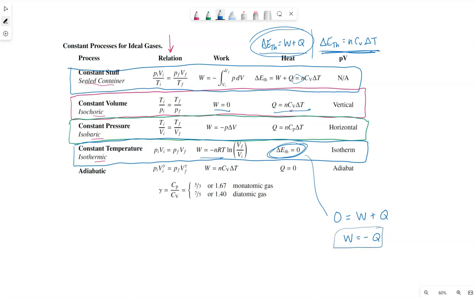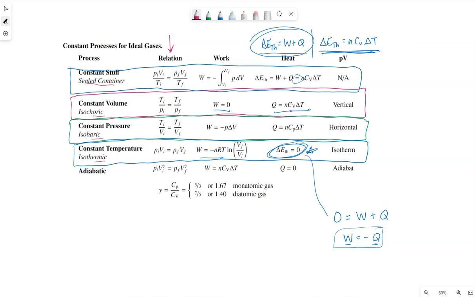But isothermal also means that if there is heat, then there's work being done as well. So if energy is being put in, then work is also being done, meaning the volume is changing somehow. Just make note for yourself that having no change in temperature doesn't tell us the heat, it tells us that the change in thermal energy is zero.